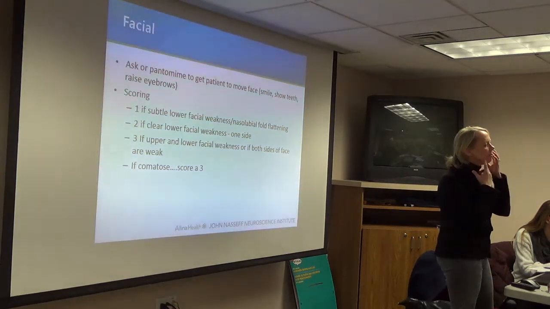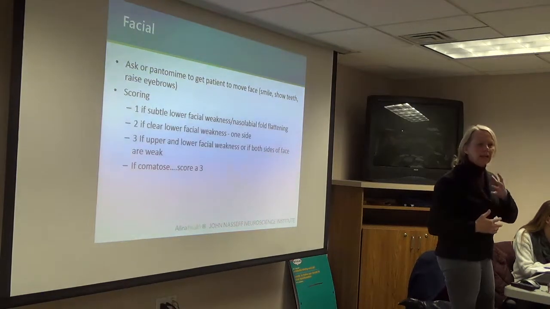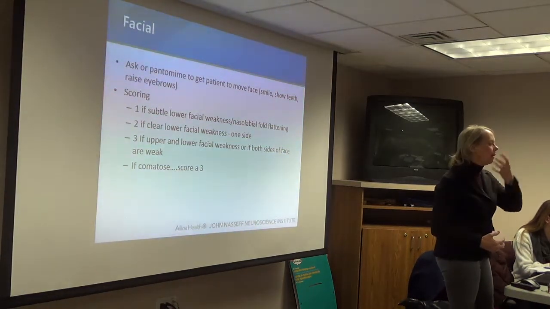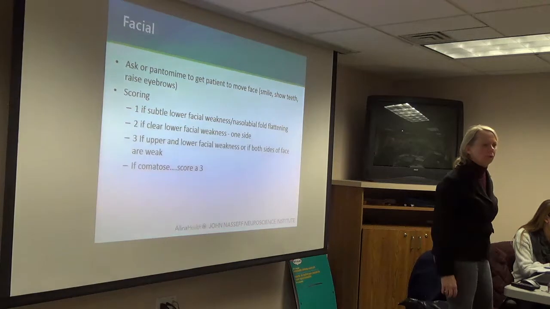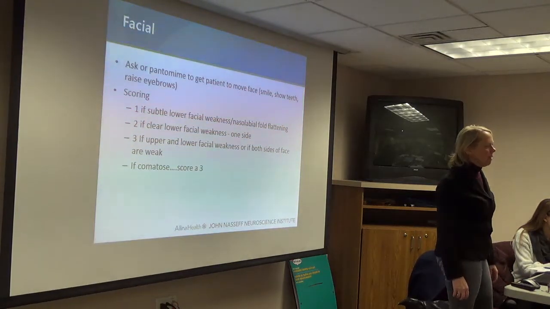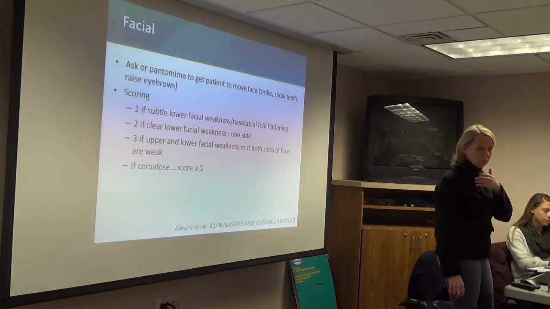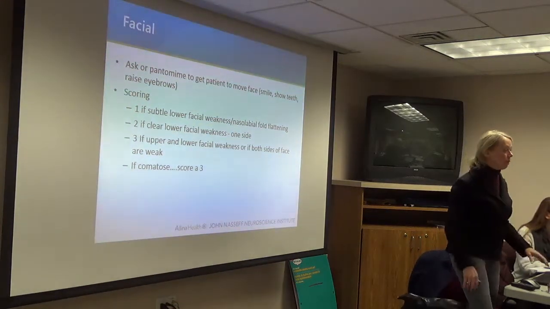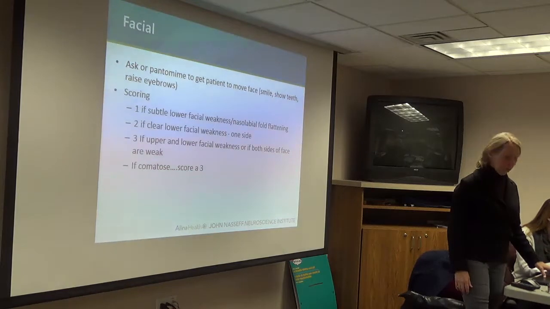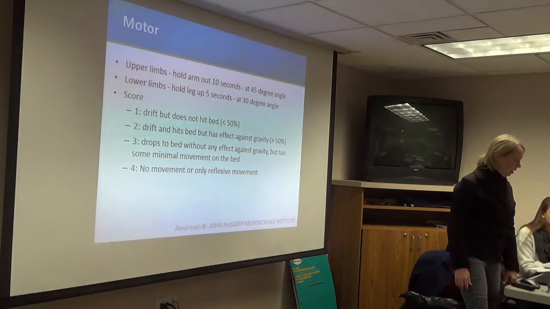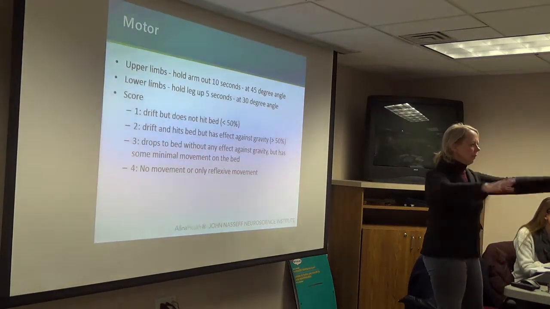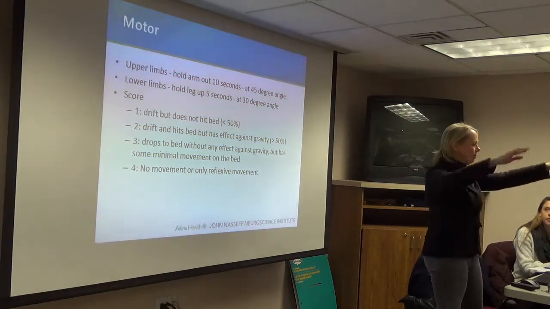Those patients oftentimes will be drooling and can't handle their secretions because they're weak bilaterally in some of the oropharyngeal structures as well. So that would get a 3 as well. And if they're comatose, by our NIH stroke scale definition, you're going to arbitrarily give them a 3.